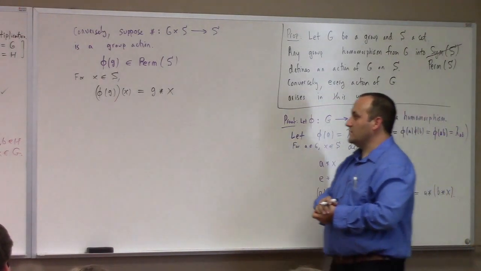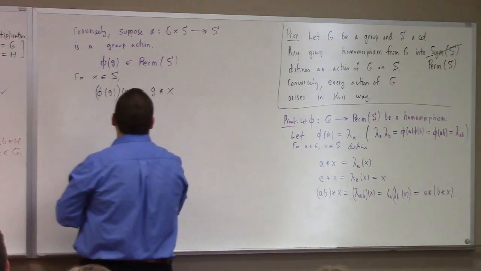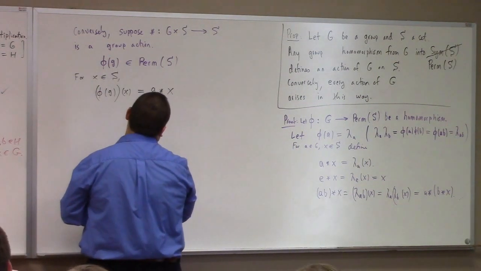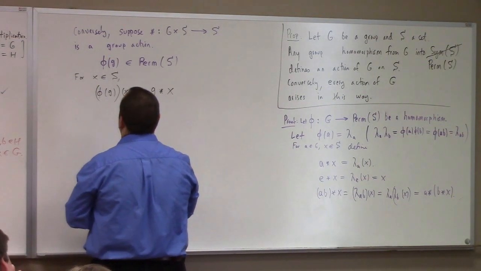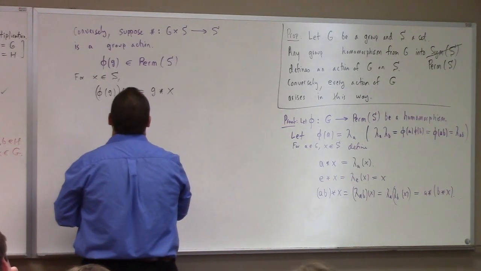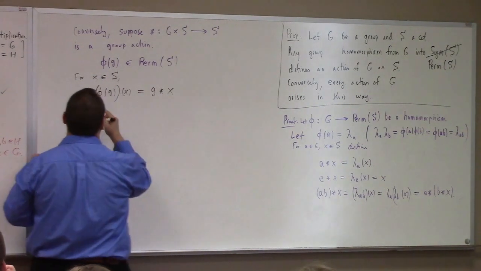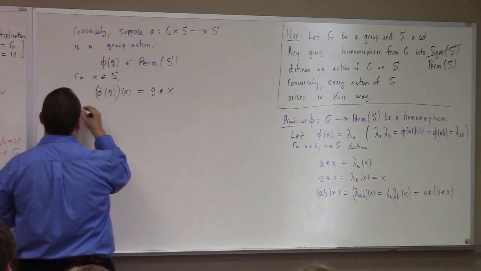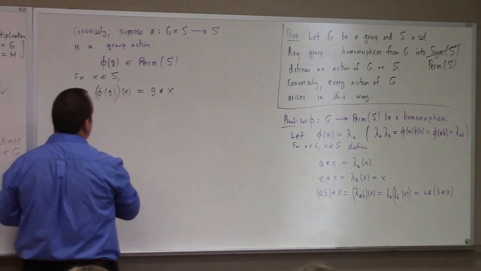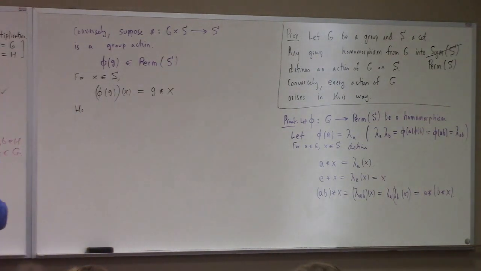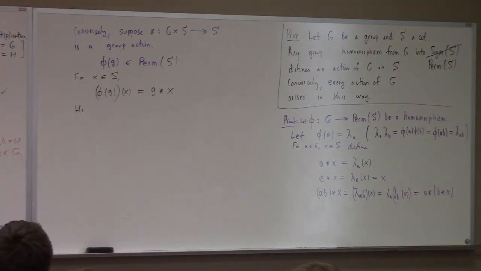Let's see here. So, oh man, I'm a little lost there. Let me stick with the homomorphism property. Is this a homomorphism? Wait, so since it's an element of permutations, doesn't that mean that phi of G is bijective?